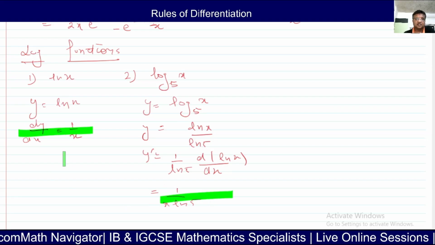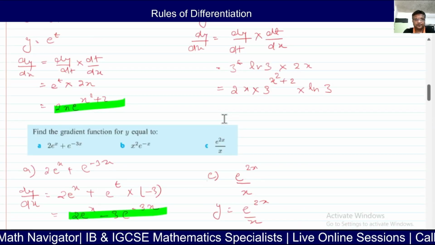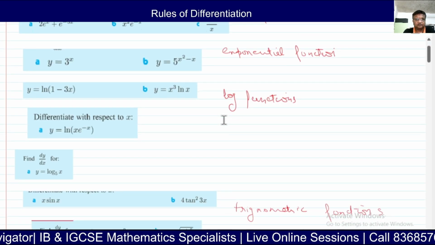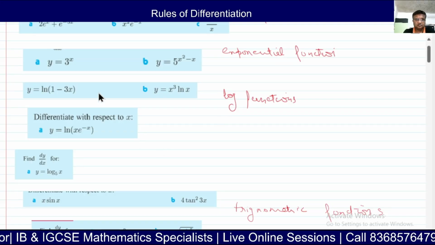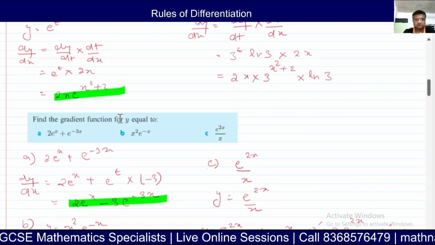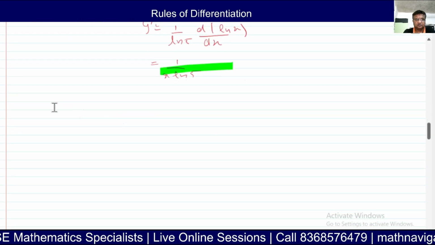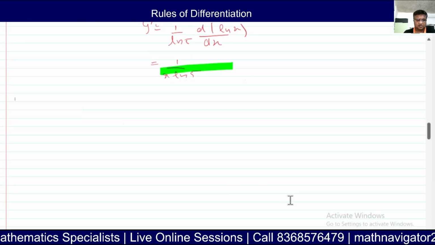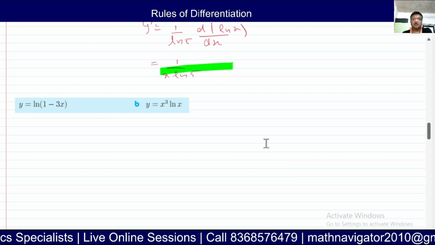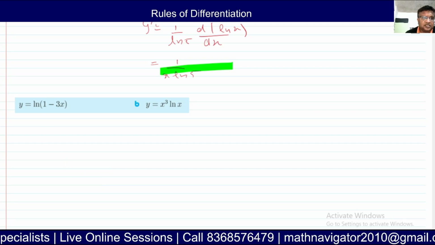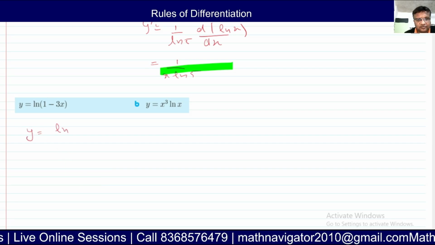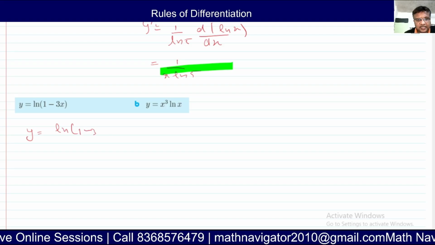Yeah. Now let's take some questions. So now if I have this, y is equal to ln of 1 minus 3x.